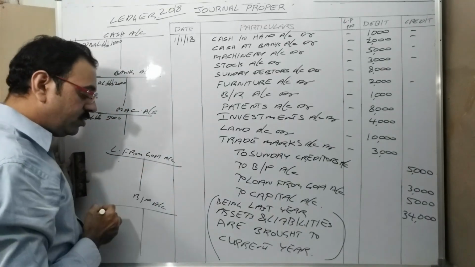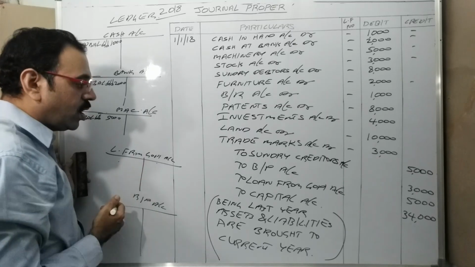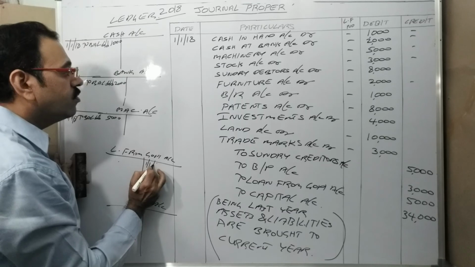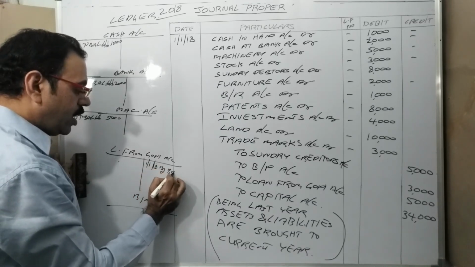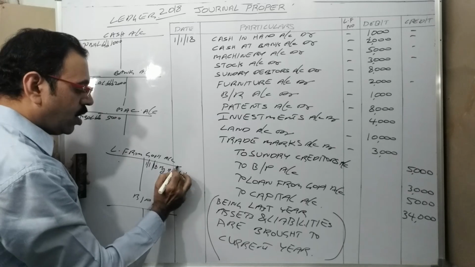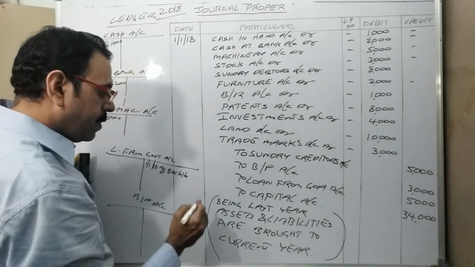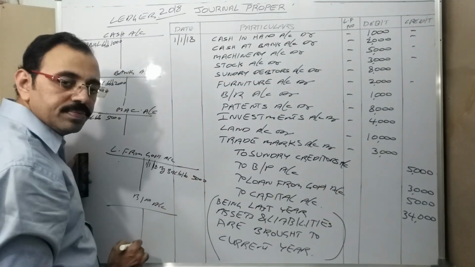Then come to this one. Since it is a loan account, it appears on the credit side. 1/1/18, by balance brought down. How much is this? 5,000 rupees.